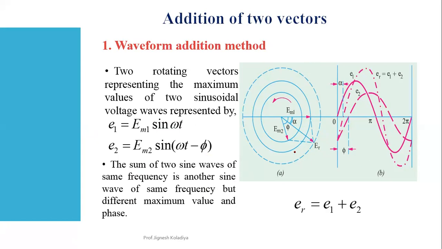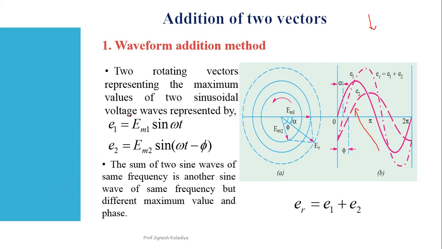Resultant of these two is ER. You can also represent both these things in graphical representation in order to understand it properly. For example, this is my E1, and then by lagging phi angle, I will have E2, the second one.